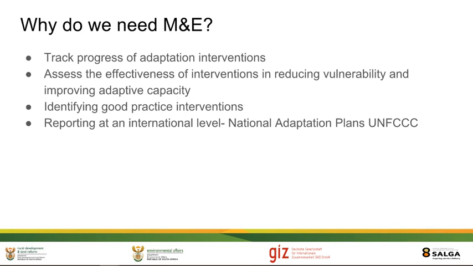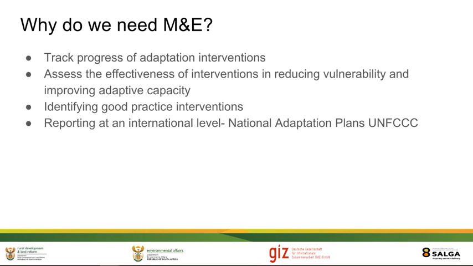The aim or purpose of an M&E in climate adaptation is to assist us with tracking the progress of adaptation interventions and assessing the effectiveness of the interventions in reducing vulnerability and improving adaptive capacity.